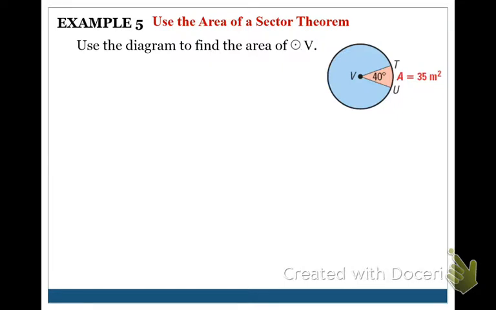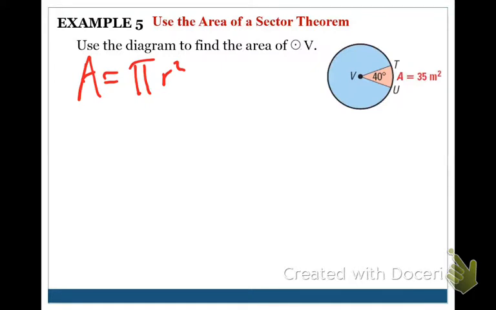So what do I need to know to find the area of the whole circle? We need to know the radius, right? Area equals pi r squared. We need to know the radius.